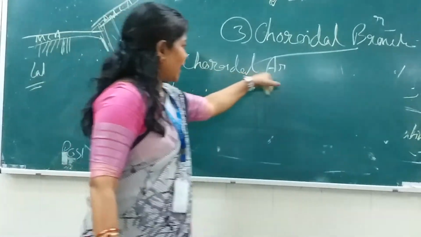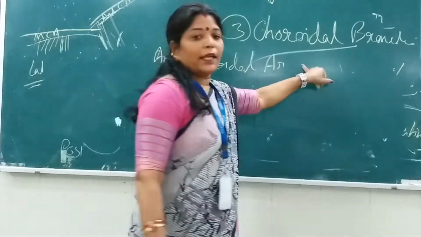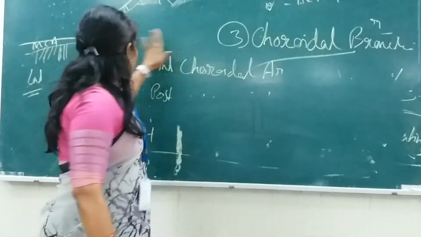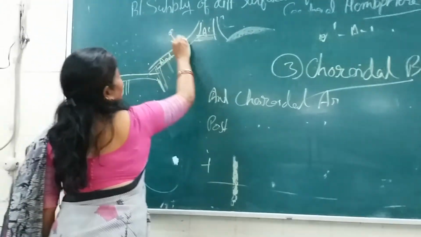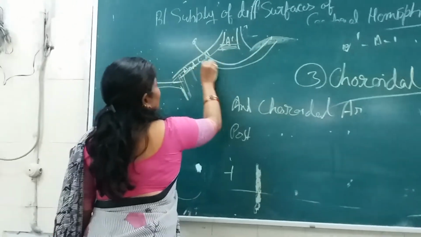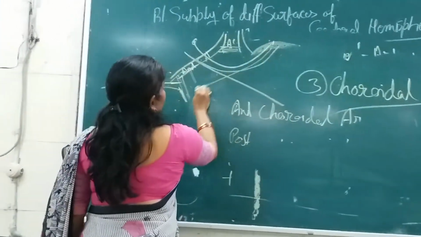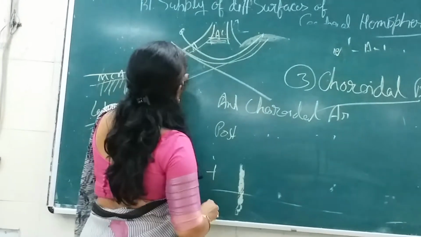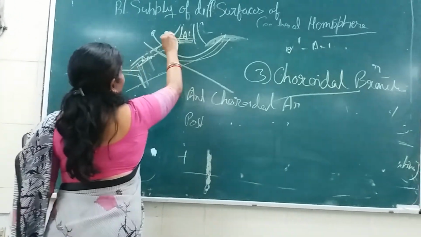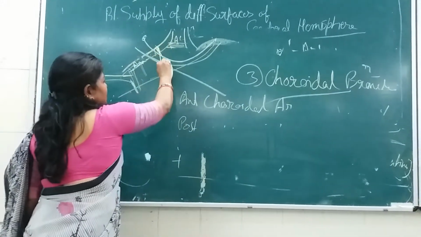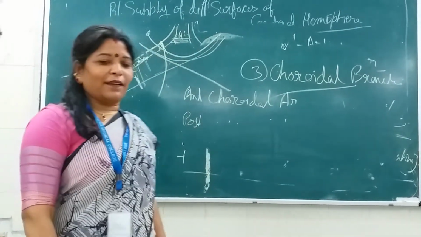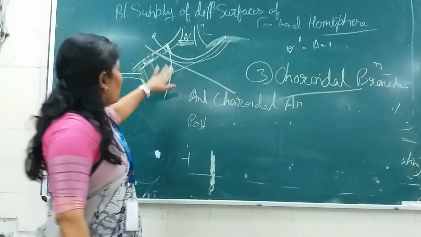What is the anterior choroidal artery? What is it supplying? Here was the optic chiasma, yes or no? The optic chiasma is there, and the anterior choroidal artery arises just after the posterior communicating artery. It runs parallel to the optic tract.